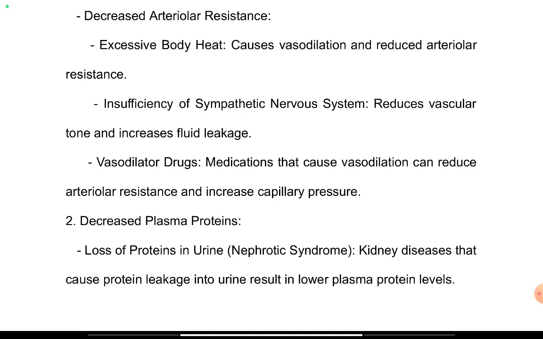So another cause of edema, from your cardiovascular physiology once again, is that there's a sympathetic tone that maintains arteriolar vasoconstriction.